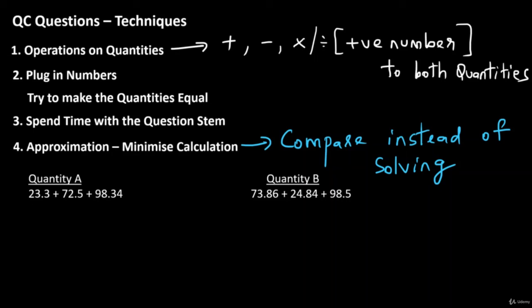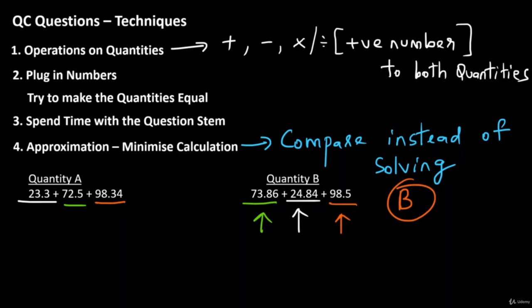If you look carefully at this question, you can see that if you compare 23.3 and 24.84, 24.84 is the bigger number, right? Now, if you compare 72.5 and 73.86, this one over here is the bigger number. Again, if you compare 98.34 and 98.5, 98.5 is the bigger number.